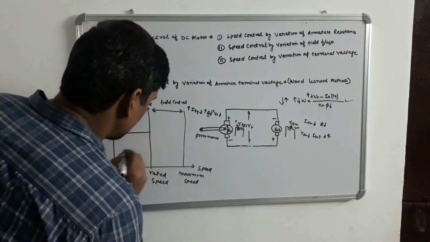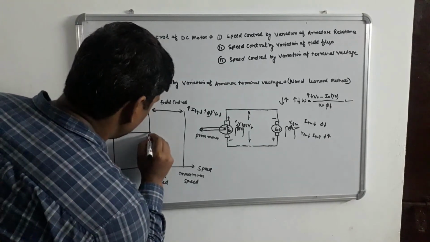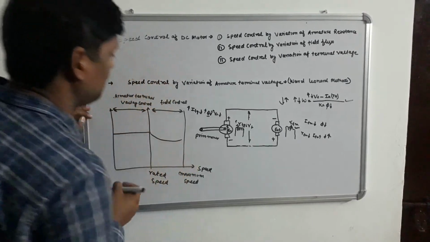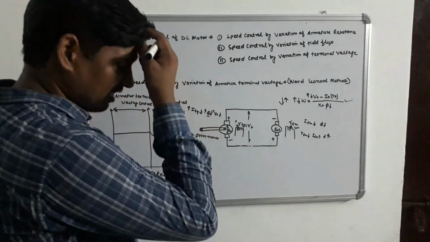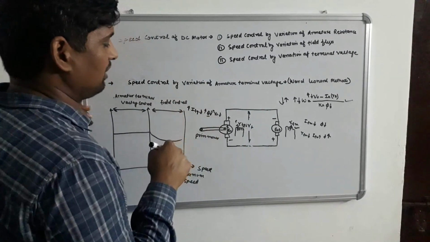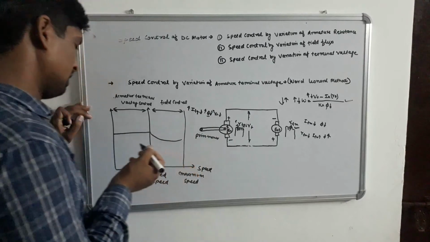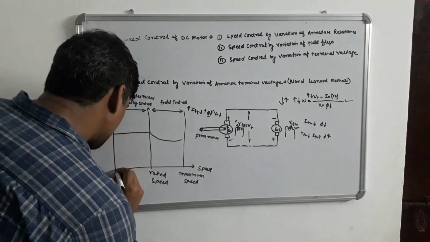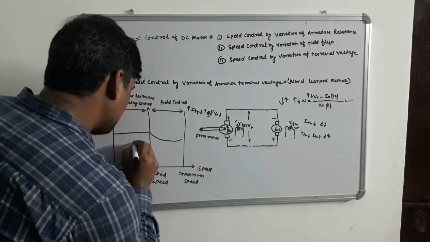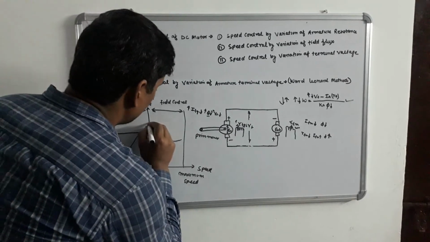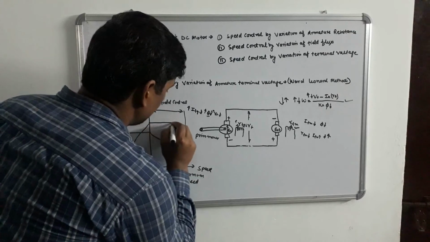Here torque is constant, then slightly decreasing: if flux decreases, then torque will decrease. If flux increases, torque will increase. But here power increases linearly up to this point and becomes constant from this point.